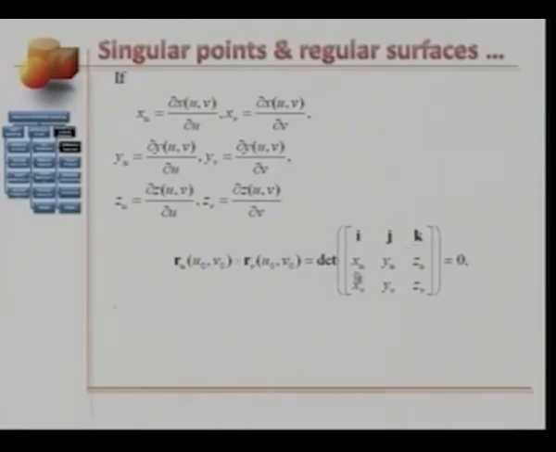The second row will contain x sub u, y sub u, and z sub u. And the third row will have x sub v, y sub v, and z sub v. And for the cross product to be not 0, this is what the condition is.